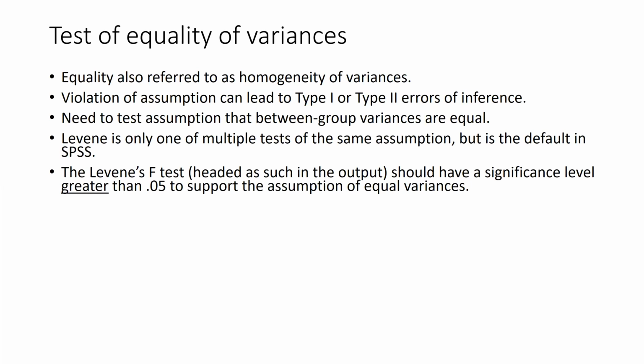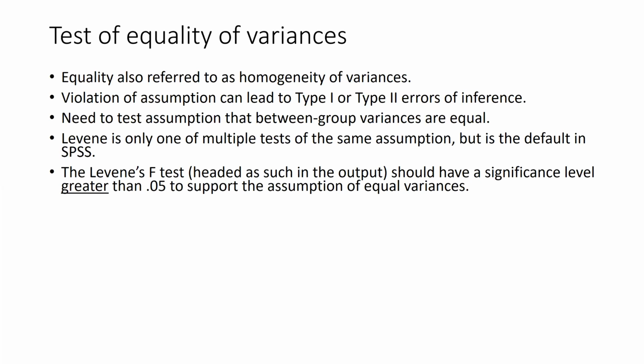So in the case of an assumption, Levene provides what's called an F statistic, which is covered later, but it doesn't matter what statistic it is for the time being. What you want is for it to have a significance level, written as sig under the F test, greater than 0.05.